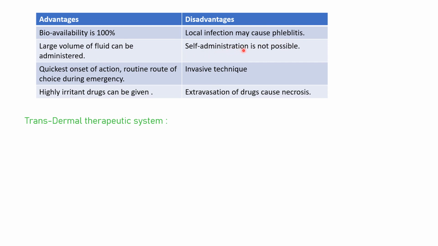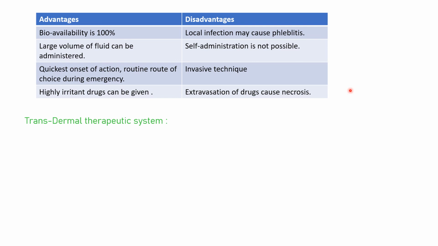Self-administration is not possible in the IV route, and it is an invasive technique as it involves a needle. We have to puncture the vein, and extravasation of the drug can cause necrosis. As we puncture the vein, the drug may leak into the surrounding tissues, which will lead to necrosis.